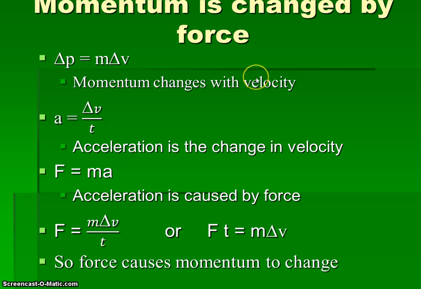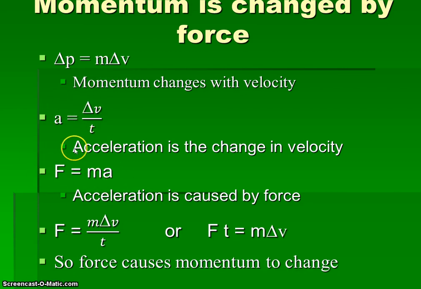So momentum changes with velocity. If you change the velocity, you're going to change the momentum. But velocity changing is acceleration. And acceleration is caused by force. So if you take these 3 equations and combine them together, what we did was algebraically combine the equations, especially this equation here and Newton's second law.